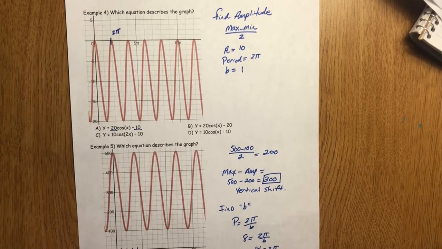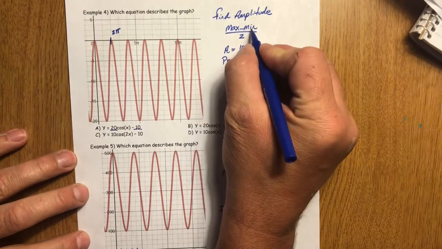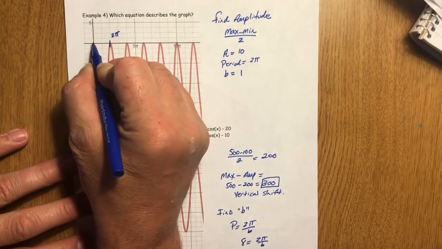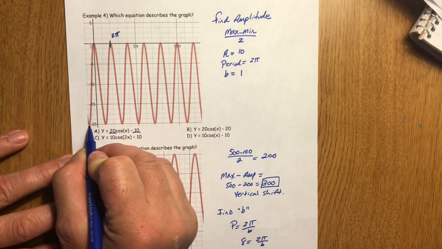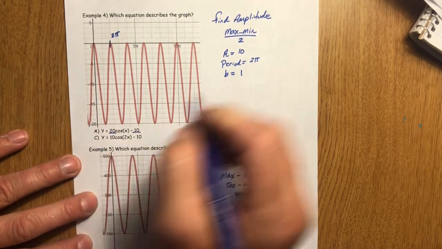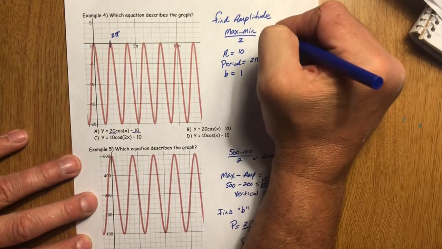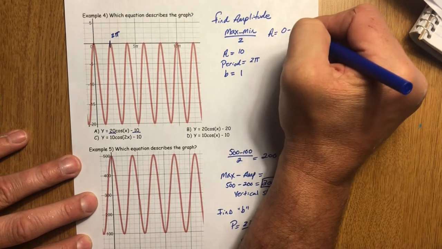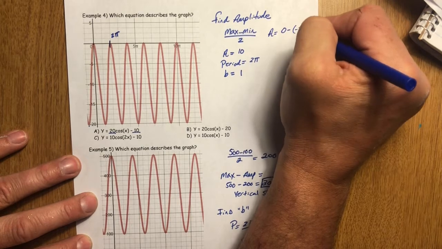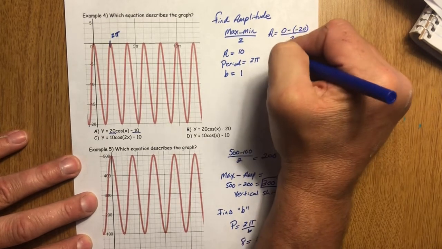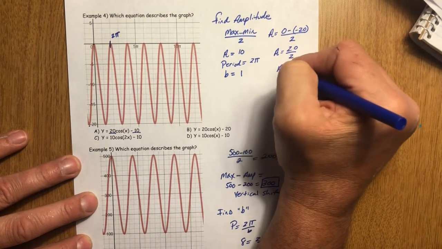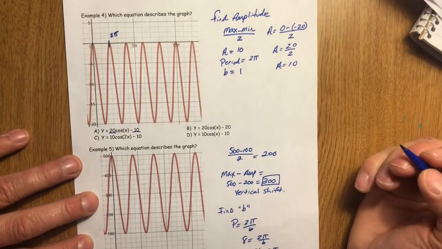To find the amplitude, remember, you take the max minus the min, divide that by 2. So the maximum is 0, and the minimum is negative 20. So the amplitude is 0 minus negative 20, divide that by 2, so 20 divided by 2, the amplitude is going to be 10.